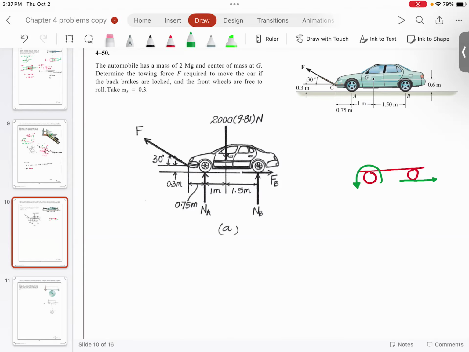But the way this problem is set up, the front wheels are free to roll. It means the friction is zero. So think about it, no friction. And here you have max friction.